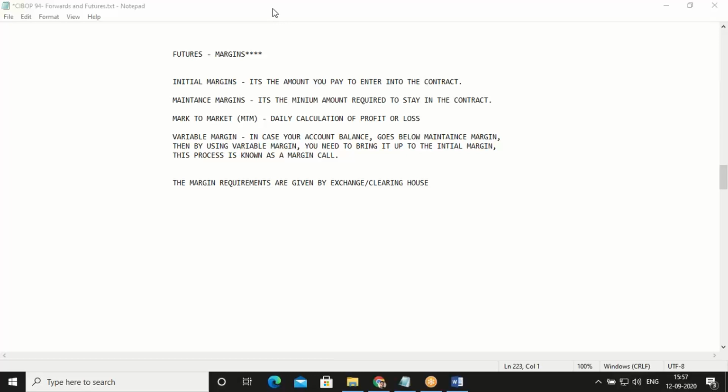Now, due to price fluctuations, on a daily basis, or not even daily, on a second by second basis, there will be a mark to market calculation. Mark to market means that, based on the contract you entered into and the price you entered at, the price will either go up or go down.